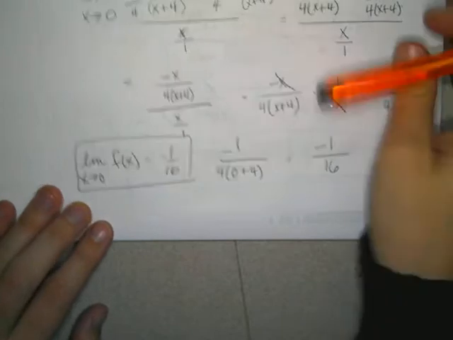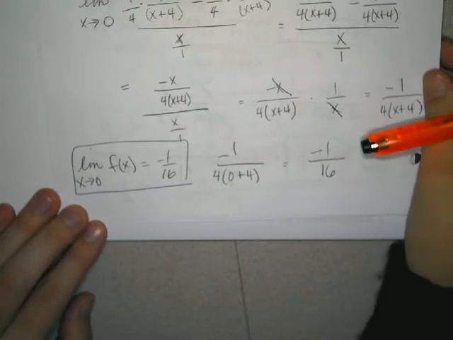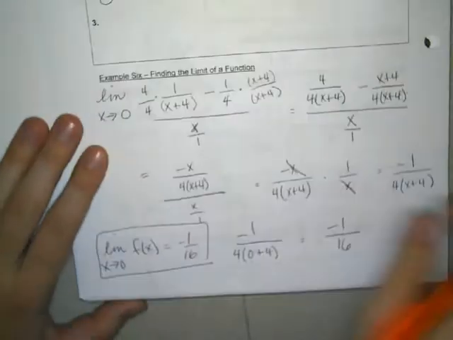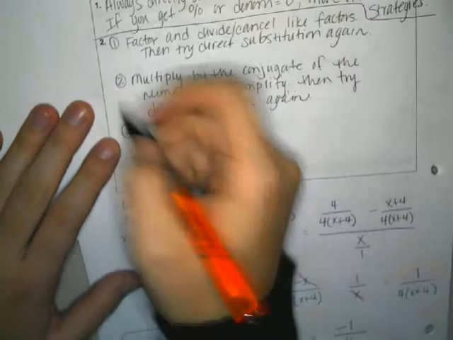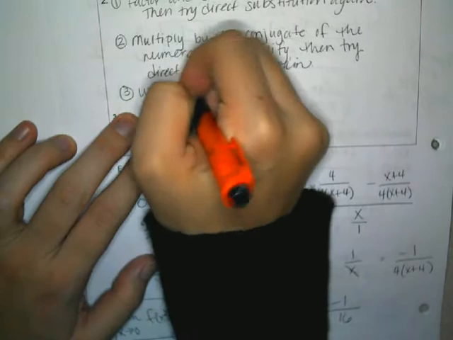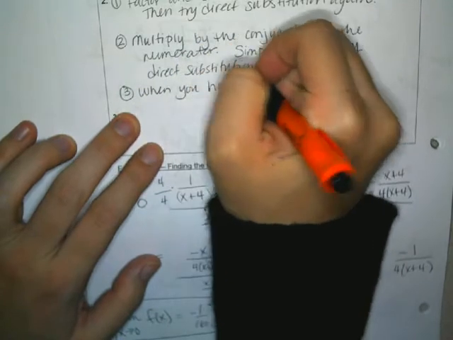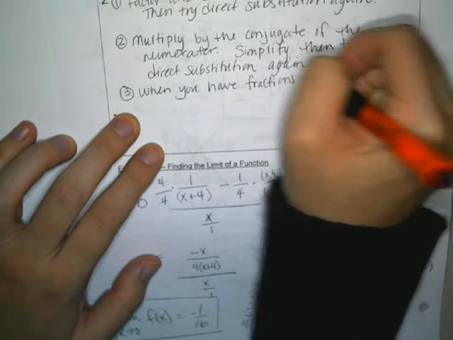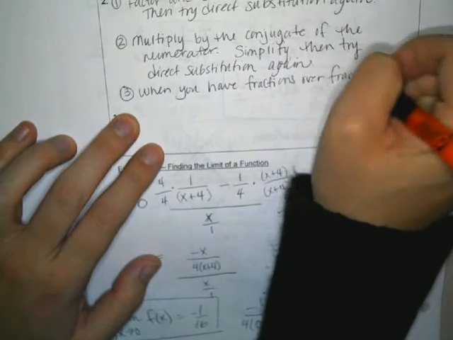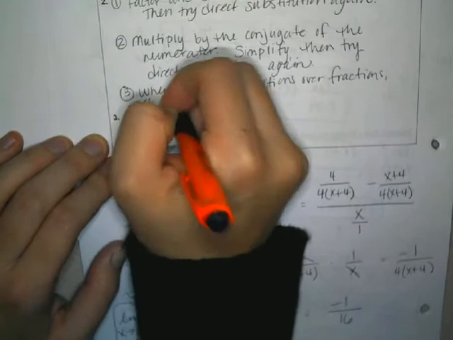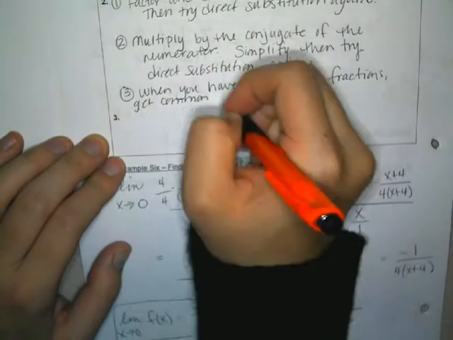Alright. So if we're going to write that as a strategy, I guess we'll write it like this. When you have fractions over fractions, get your common denominators.